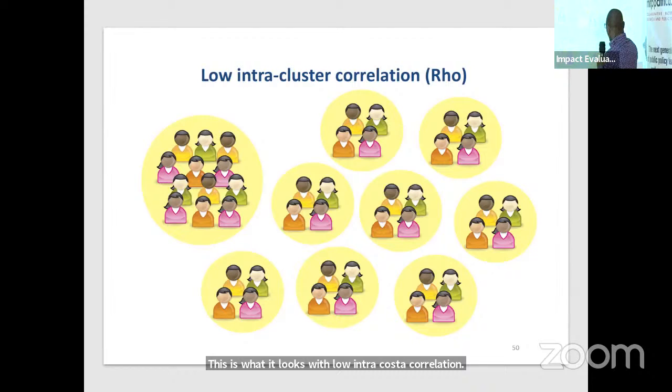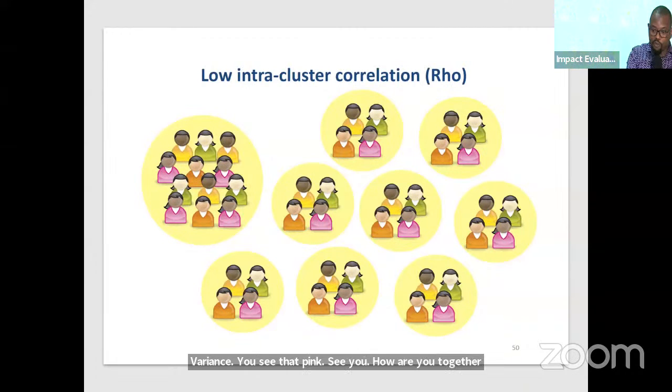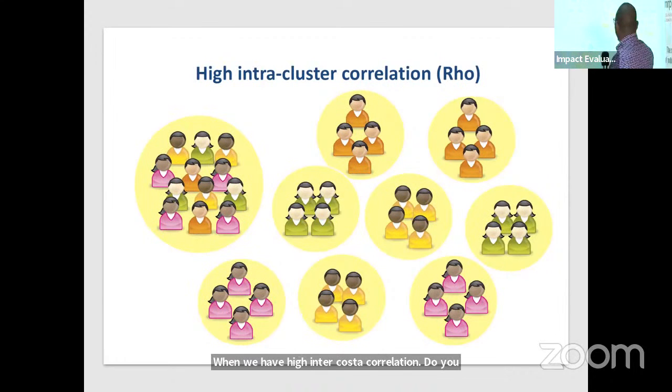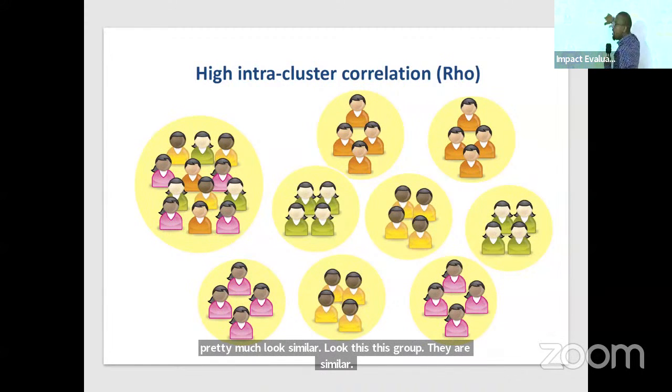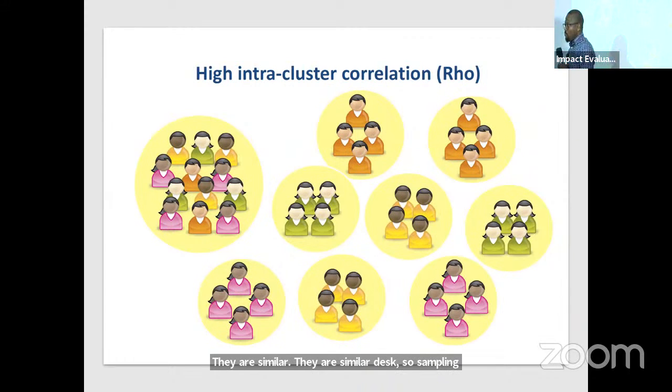When it is low, there is some level of variance. You see, they're pink. Are we together? When we have high intercluster correlation, do you see now they pretty much look similar? Look, this group, they are similar, they are similar, they are similar. So sampling more in each of these groups is useless. It's a waste of money.